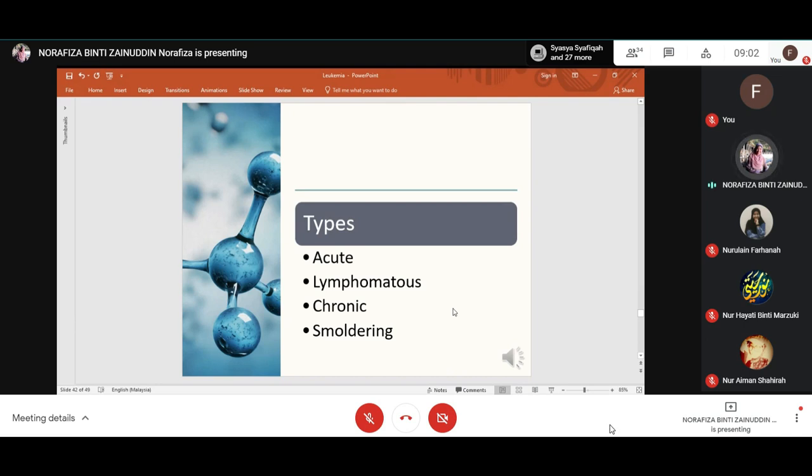So there is the acute one. This one is an aggressive type of ATLL. So the symptoms most commonly involve hepatosplenomegaly, elevated LDH, lymphadenopathy, hypercalcemia, and also lytic bone lesions. So you have to remember acute ATLL usually involves lytic bone lesions.